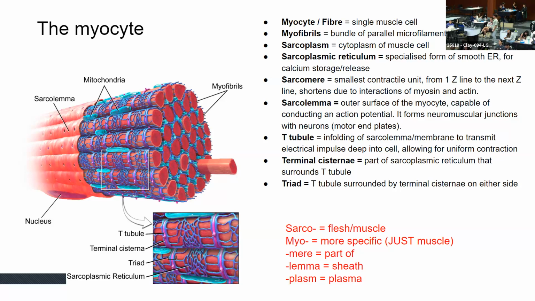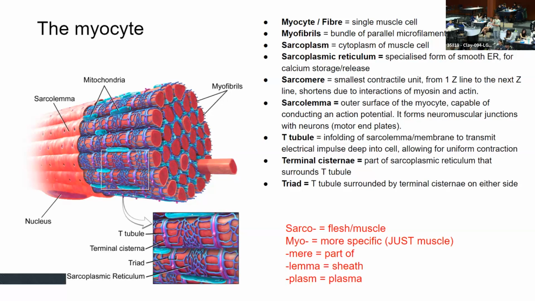The sarcomere is also a very, very high yield topic, which is they constantly like to ask, what is the smallest contractile unit of the muscle? It's a sarcomere. The sarcolemma is the plasma membrane of the muscle cell, put simply. It does have some extra functions though, such as the formation of NMJs or neuromuscular junctions.